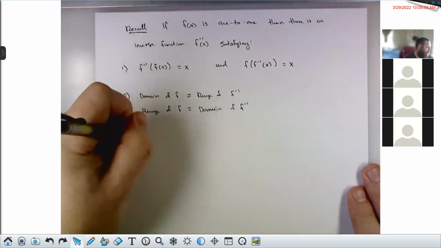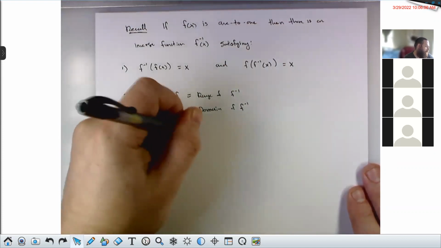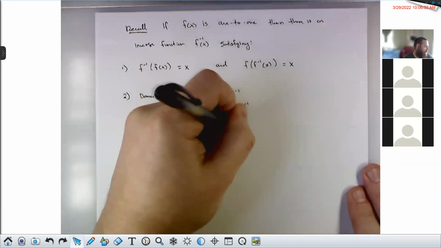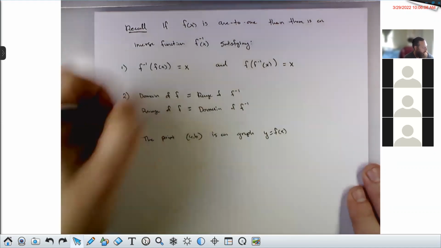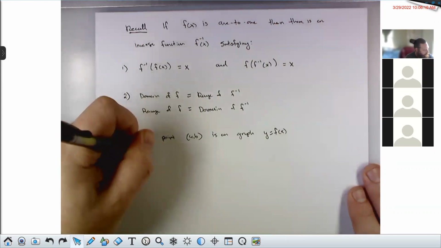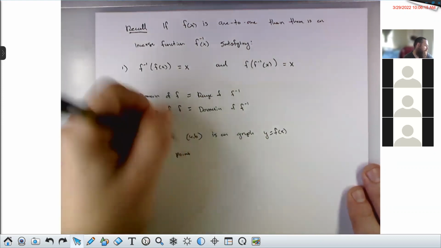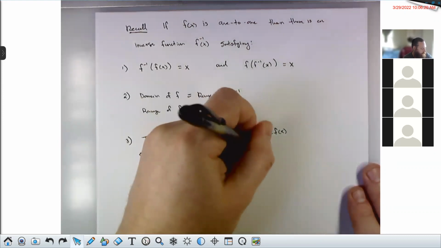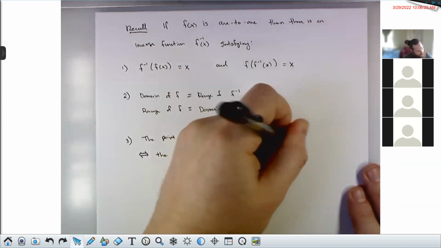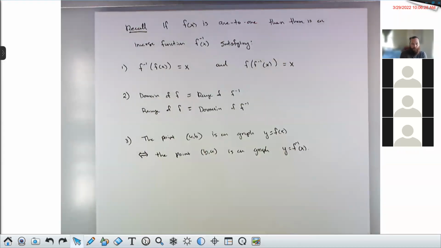And we had this fact that the point a comma b is on the graph of f if and only if the point b comma a is on the graph y equals f inverse of x. These are the 3 big things that I want to remind you about regarding inverse functions.